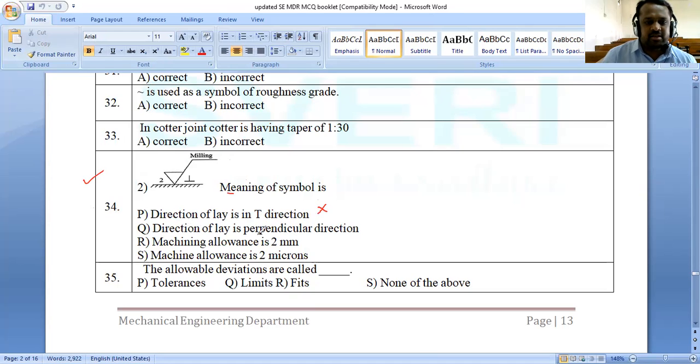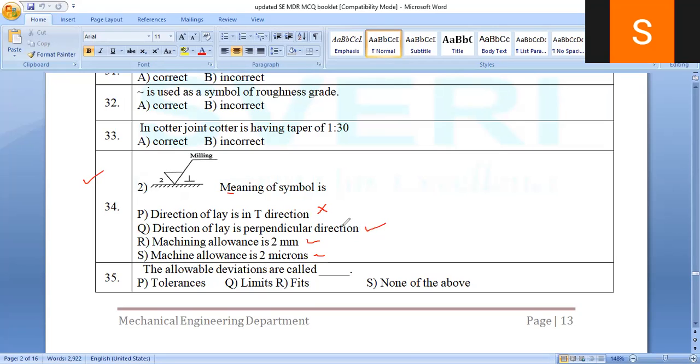See, the direction of lay is perpendicular. It is correct. The machining allowance is 2 microns. Machining allowance is any 1 micron. Okay, it should be in micron, I think, or mm. No problem. The 3 sentences are correct.